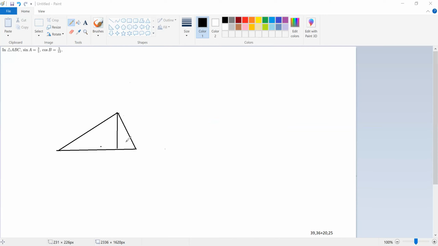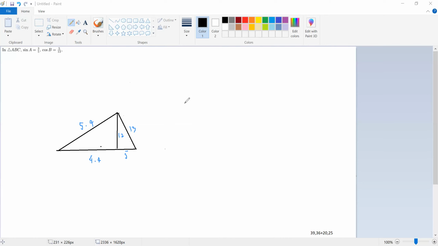So if this is 12, then this used to be 3, so we scaled it up by 4. We scale this 4 by 4 as well, so we get 4 multiplied by 4, and we have 5 multiplied by 4. So this is our new triangle.